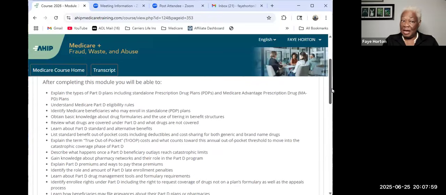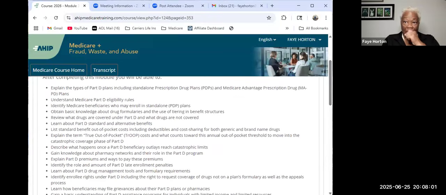After completing this module, we should all be able to explain all of the Part D prescription drug programs, the standalone plan, the Medicare Advantage plan with prescription drugs.